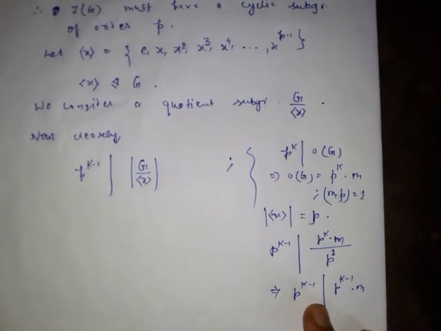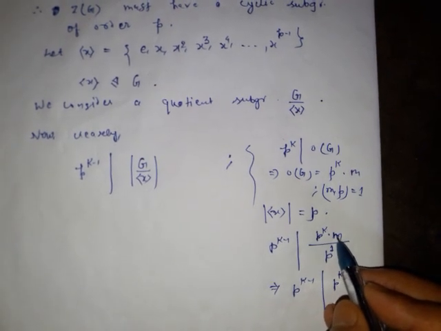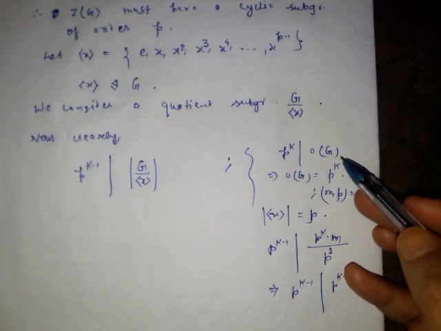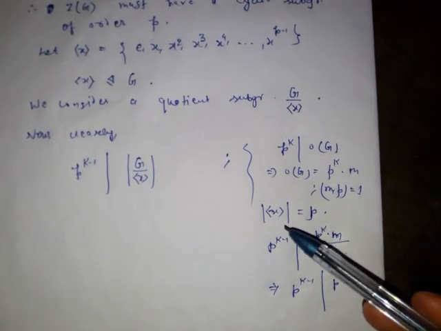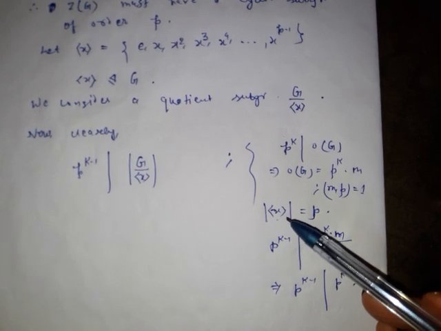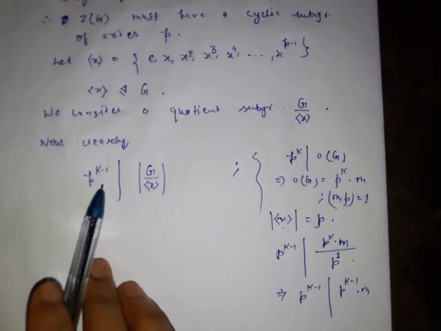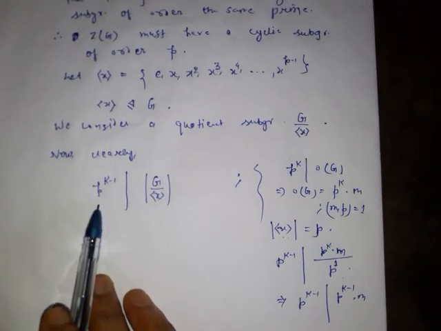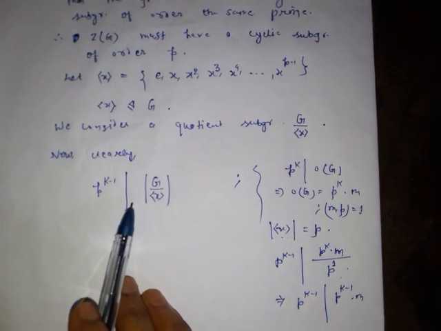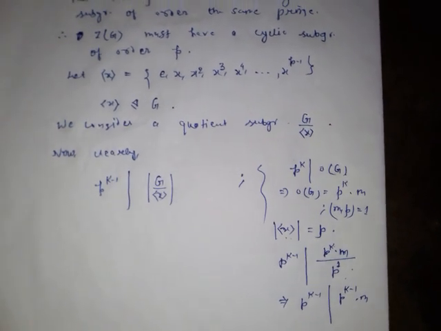This is true. So we can imply that p raised to the power k minus 1 must divide the order of the quotient group G upon the cyclic subgroup generated by x.